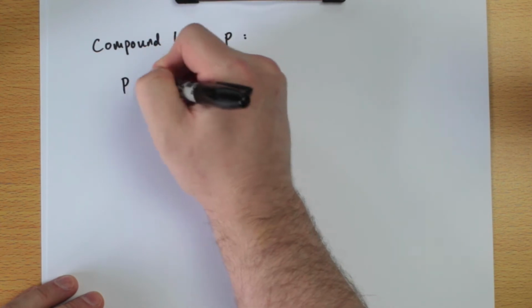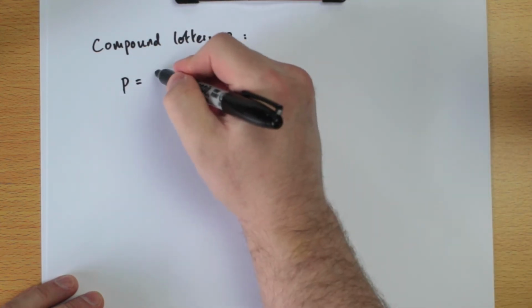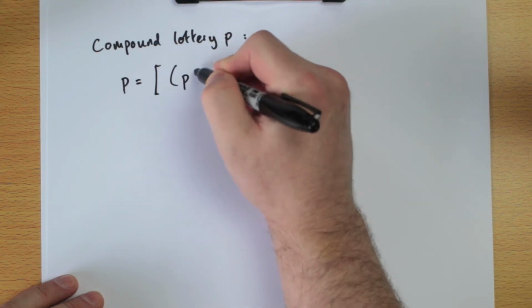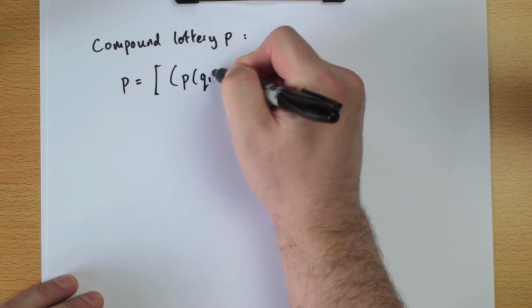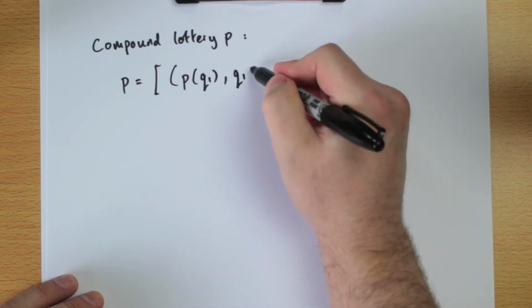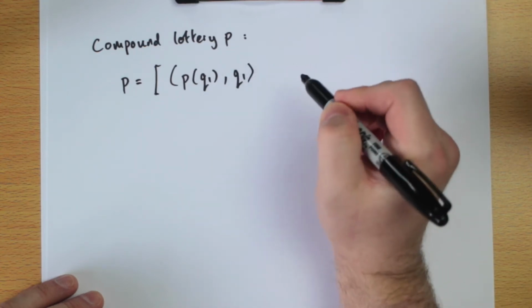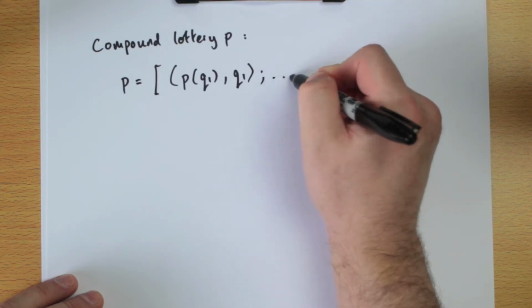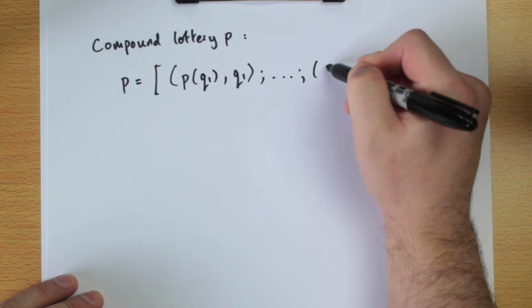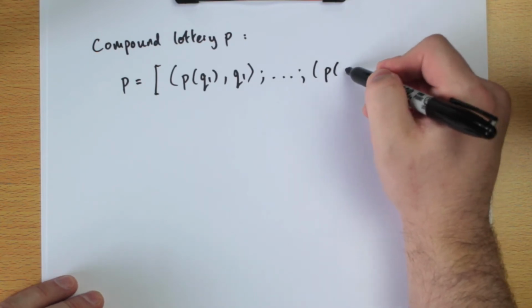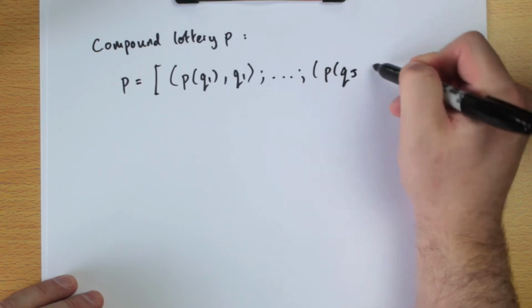P is equal to, with some probability p(Q1), you get Q1, where Q1 is a simple lottery, for example, up to, and there need not be k of these, there could be however many you like, so let's write QJ.